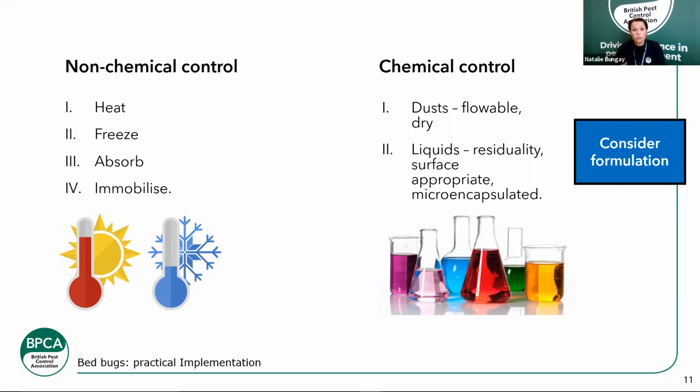So the outside air temperature, great, brilliant. Your monitors will be showing you that it's getting to the temperature you need. And you'll think, right, we'll leave it there and we'll do it for 4 hours. But actually, those cracks, those important cracks where those bed bugs are going to be living behind these sofas or these fabrics, are actually not that hot, and they're not going to die.